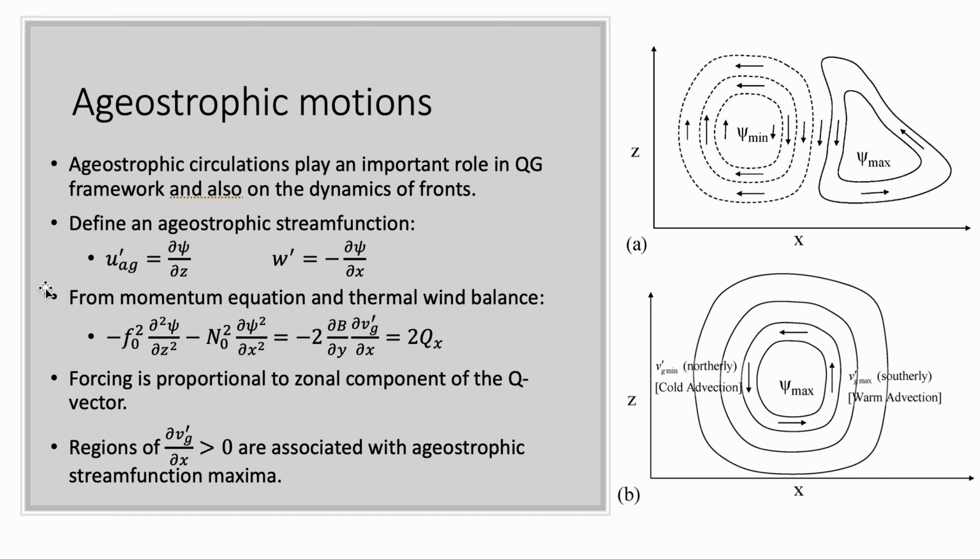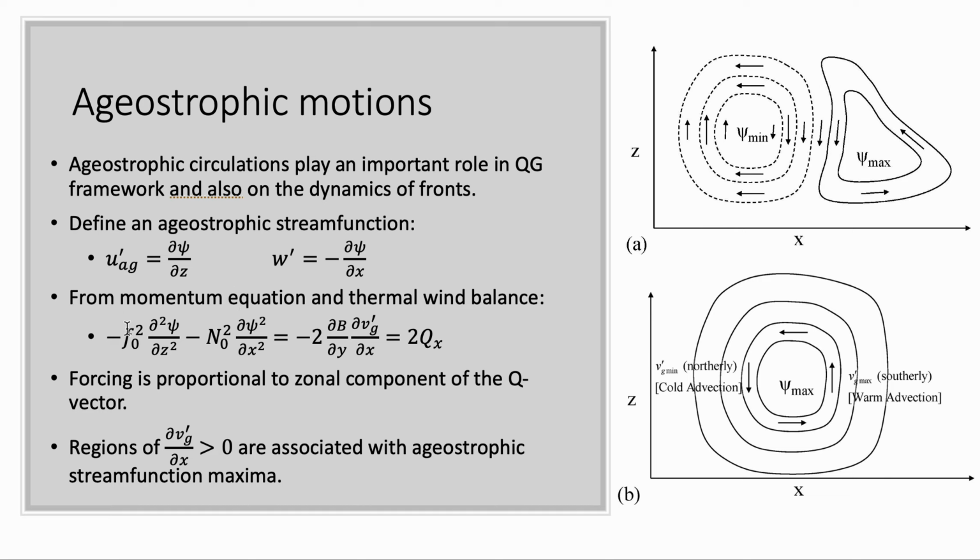We can write these as derived by a simple stream function. And from the equations that we wrote before, from the momentum equation and the thermal wind balance, it's possible to show that we can rewrite very simple equations for this stream function, very similar to QG equations.